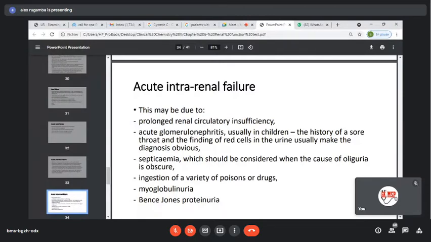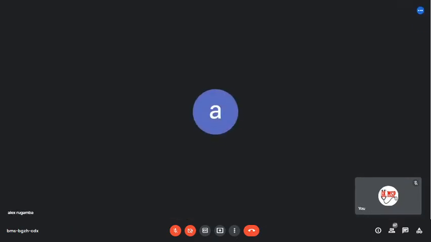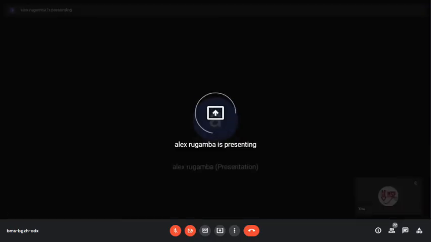So myoglobinuria is the presence of that pigment from muscle in the urine.